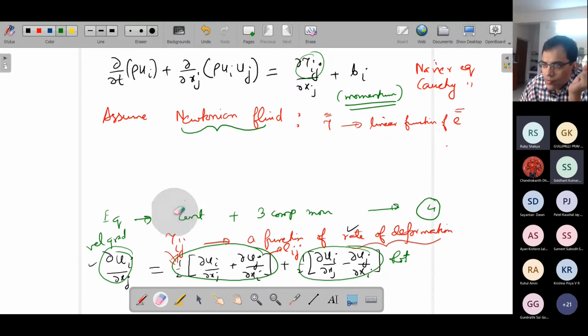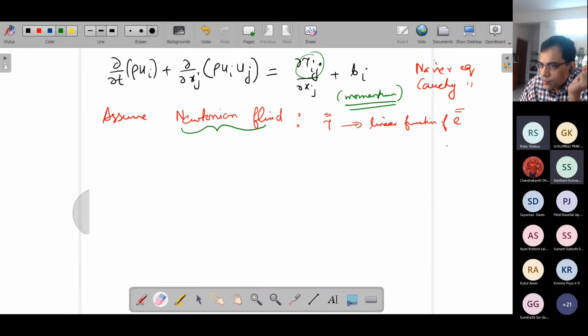So now, when we say that tau maps linearly with E, there is a second order tensor and a second order tensor.